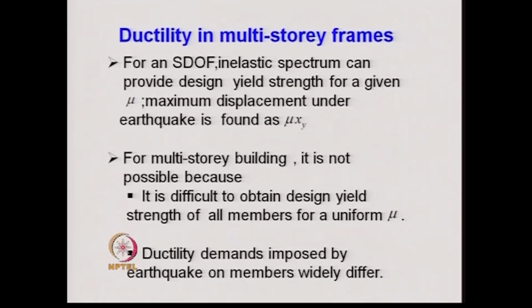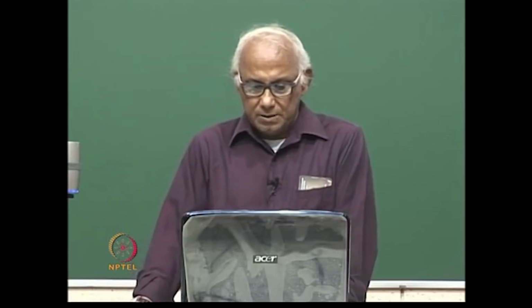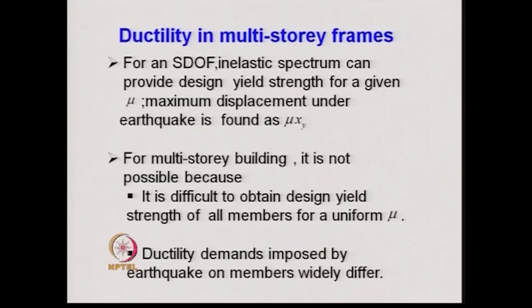Since the number of members in a multi degree of freedom system is more than 1, it is difficult to find out the design yield strength for all members for a given value of mu. Next, the ductility demands imposed by earthquake on members widely differ.